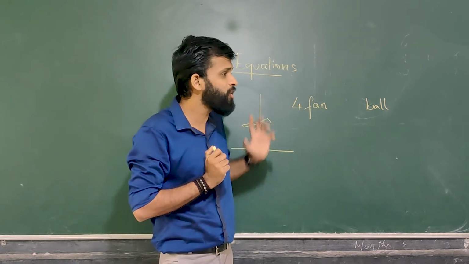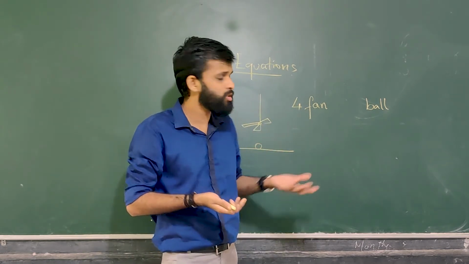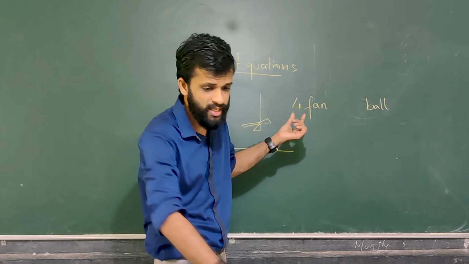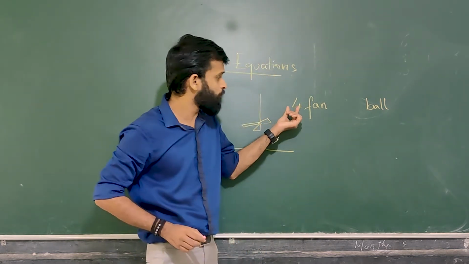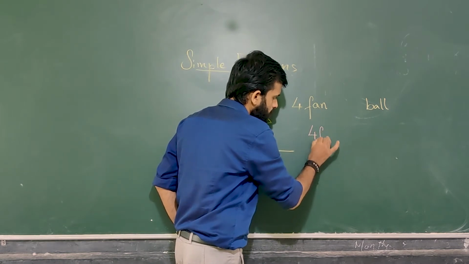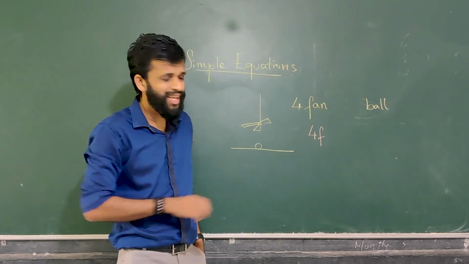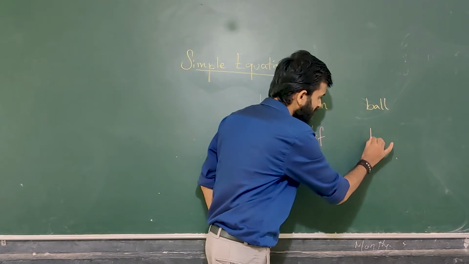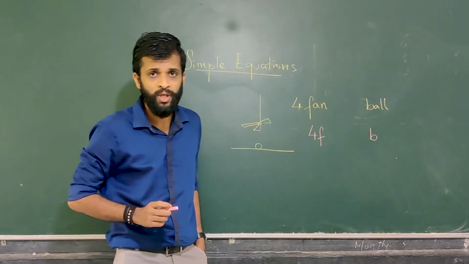So what we'll do is give it a letter. Instead of 4 fans, let me write 4F, and instead of the word ball, I can write the letter B.